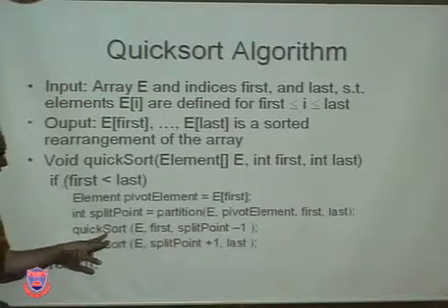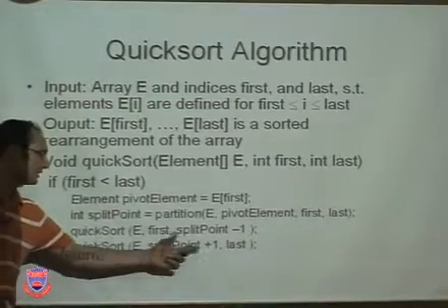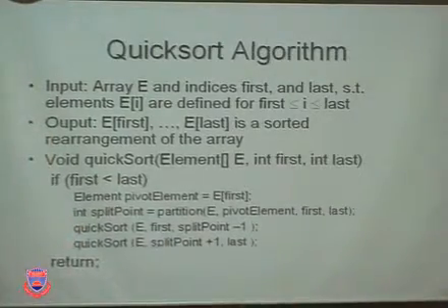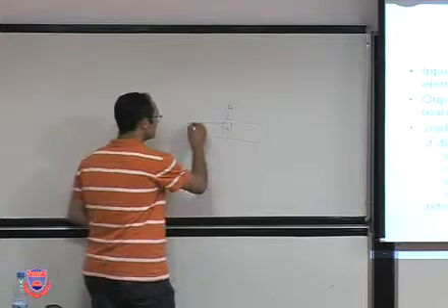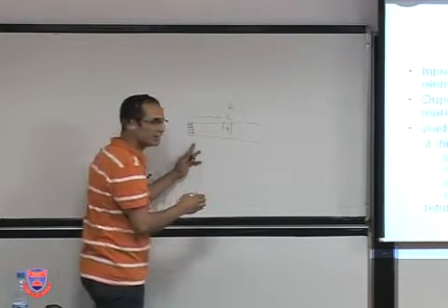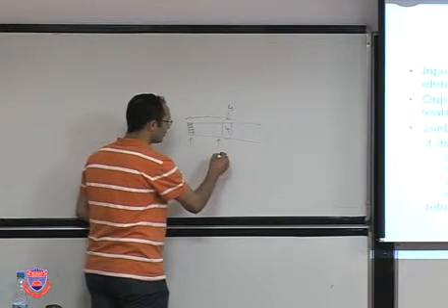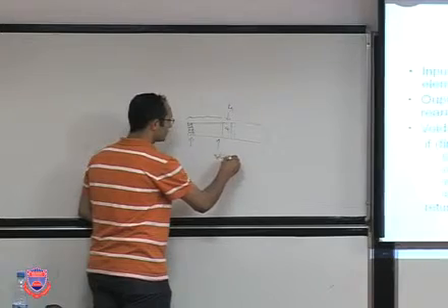As you see, you call the quicksort for the left part, with the first and split point -1. The new pivot element of this part is going to be the first element. You'll start with the first location, and then you'll go to the split point -1.